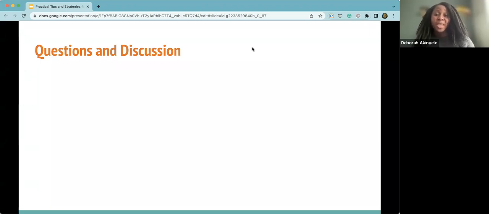So then what's happening is, even if the child is not pushing a button to ask for something or to label something, they're still getting the opportunity to push the button and hear the word. And as their provider or as their parent or caregiver, that's also an opportunity to, if there's an item that corresponds to the picture they're pushing the button for and it's readily available, bring it in and say, oh, you just pushed the button for bubbles.